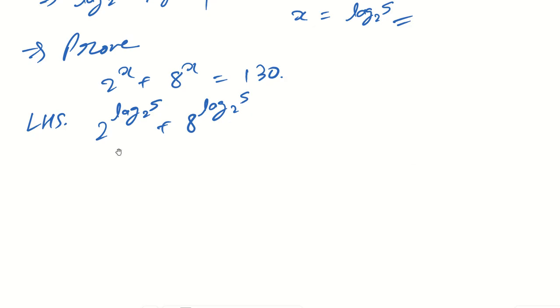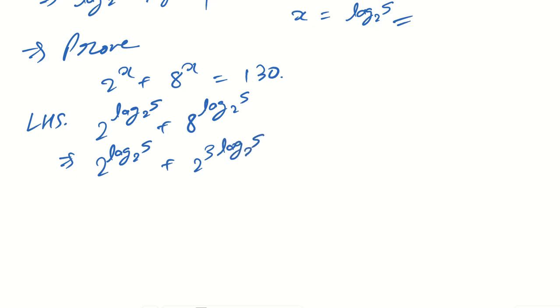Now to get this solved, what will you do? You have to identify how to solve this very easily. Okay. So you know already, let me solve it and tell you. So this is going to be, I can write it down 2 to the power log 5 base 2 plus this one can be written as 2 to the power 3 log 5 base 2, because 8 can be written as 2 to the power 3.